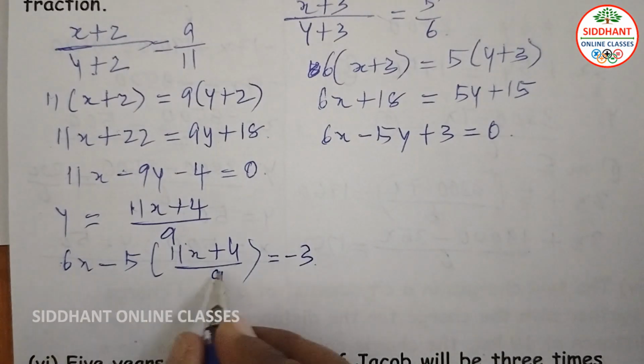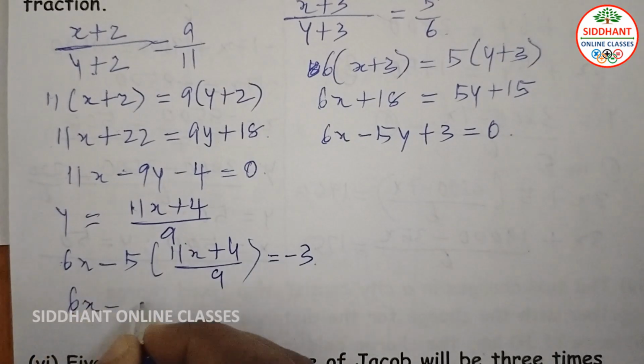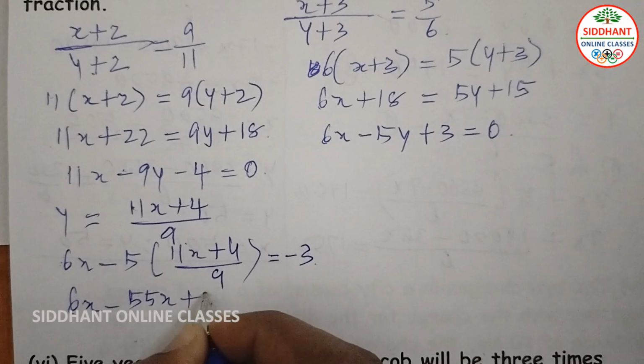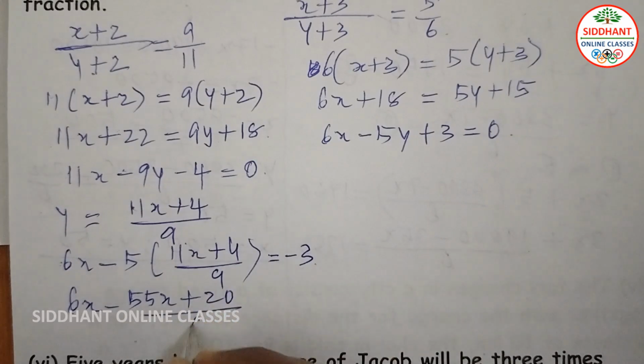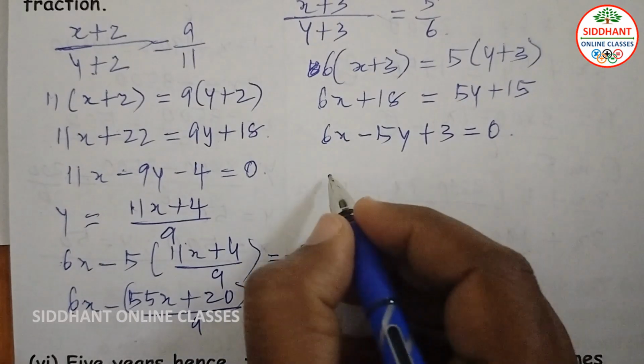So now 5 into 11, that means 6x minus 55x plus 20 by 9 equals minus 3 here.